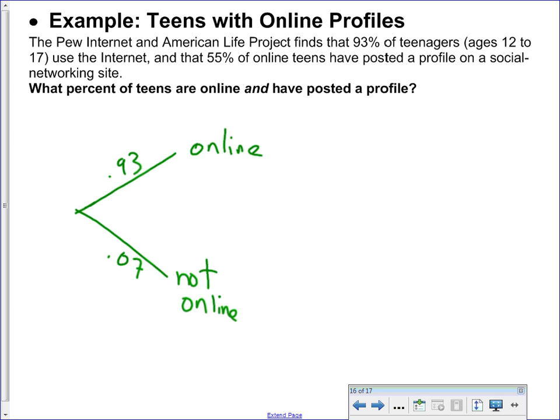And so each piece of this branch here always has to add up to 1. Then, of these teens, 0.55 have a profile on a social media site. And that means that 0.45, no profile.